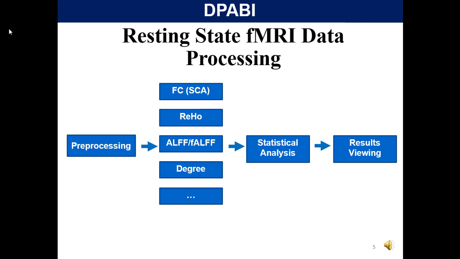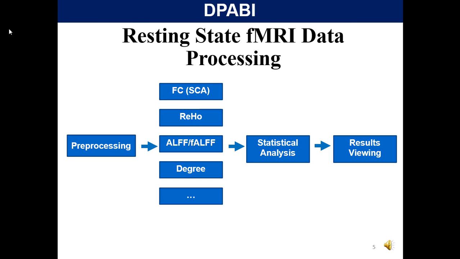We have lots of operations in data analysis, but we follow this logic. We have the data, first we do pre-processing, and we get all the measures. After calculating the measures, we can perform the statistical analysis. For statistical analysis, we need to do, for example, a sample t-test, correlation analysis, or ANOVA.